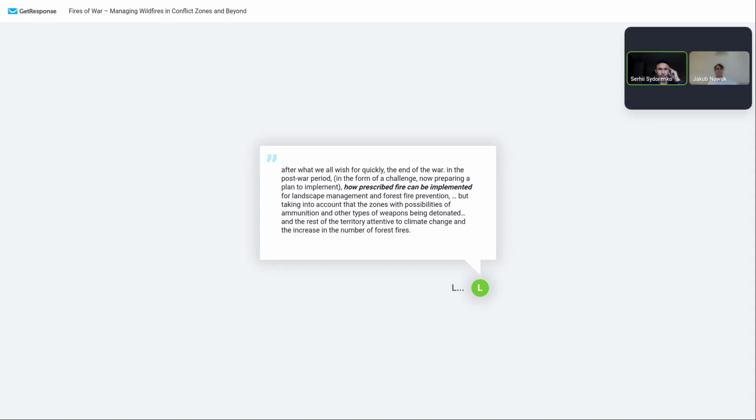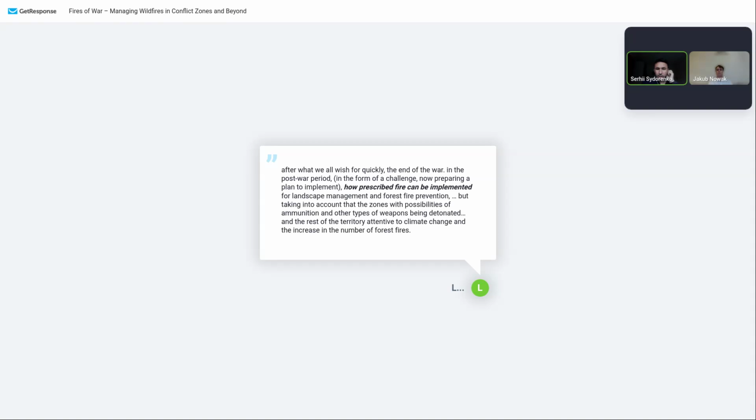In the post-war period, the forum is now preparing a plan to implement how prescribed fire can be used for landscape management and forest fire prevention, but taking into account the zones with the possibility of ammunition and other types of weapons being detonated, and the rest of the territory, given climate change and the increase in the number of forest fires. Yeah, good one. Actually, I'll start by saying we need to do prioritization first of all.